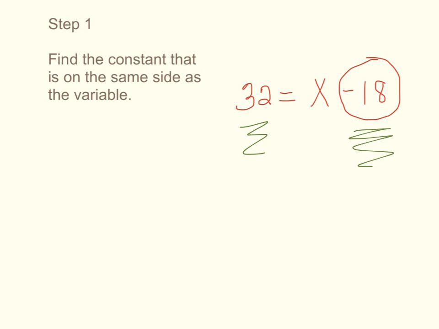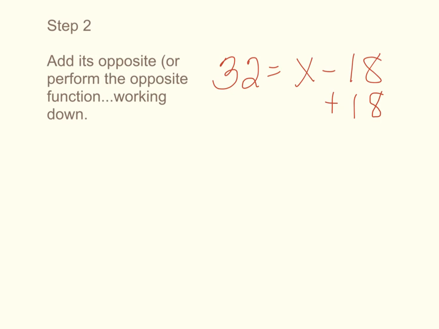So how do we get rid of it? That goes to our next step. Our next step is to add its opposite, or you could think of it as doing the opposite function or the opposite integer. So the opposite of a negative 18 is a positive 18. The opposite of taking away or subtracting 18 is adding 18.